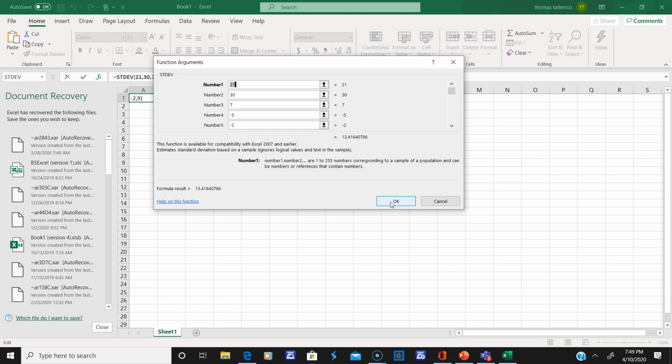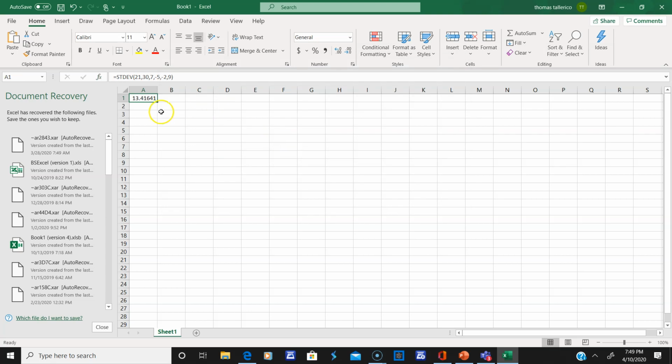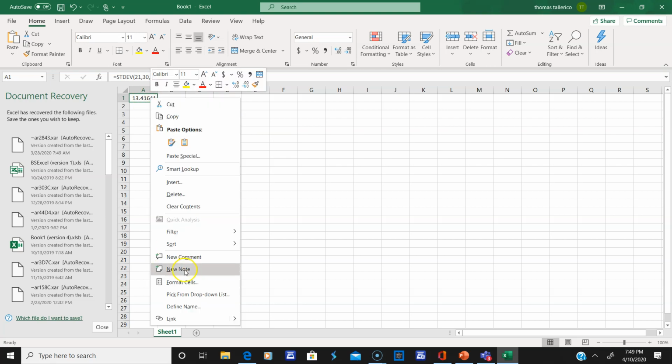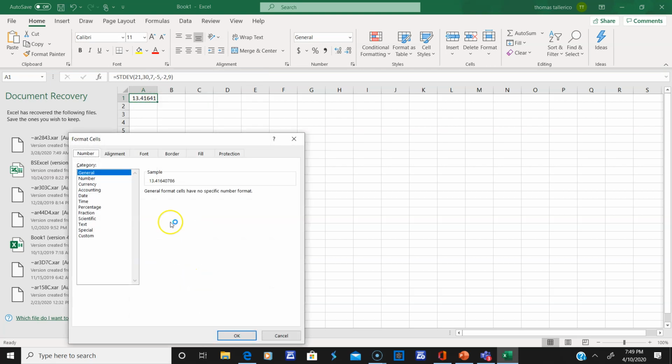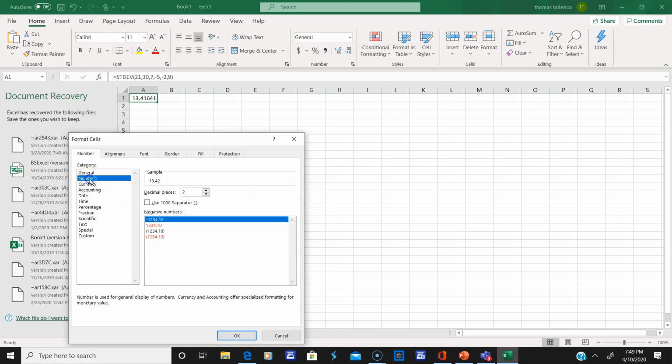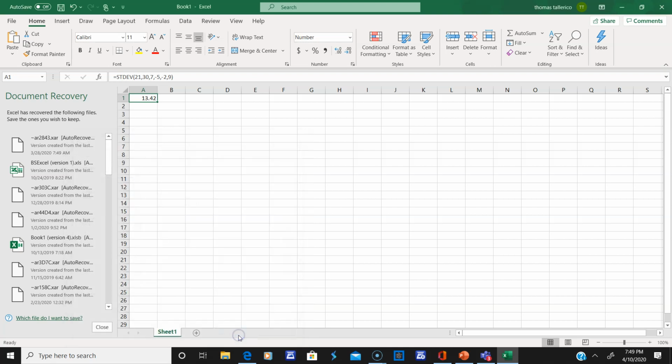So I just said okay. And there it is. Now you could reduce some of these decimals. Let's fix that a little. Number. All right, so this is 13.42.